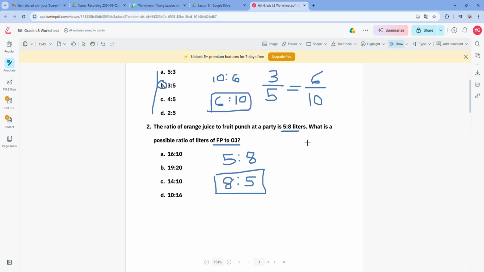And it's asking what is a possible ratio, and this would be 8/5 is equal to one of these, and I would put 6/10 because you can just multiply 8 times 2, which is 16, and 5 times 2, which is 10.